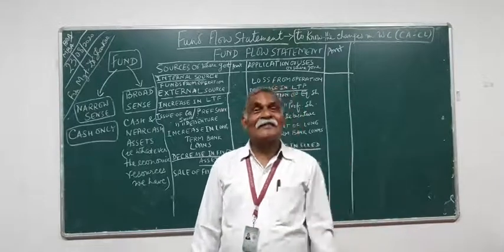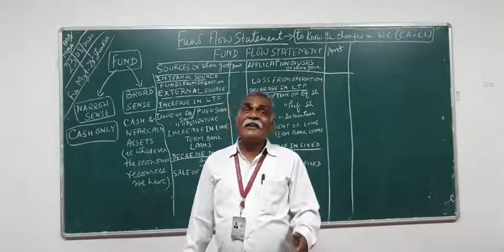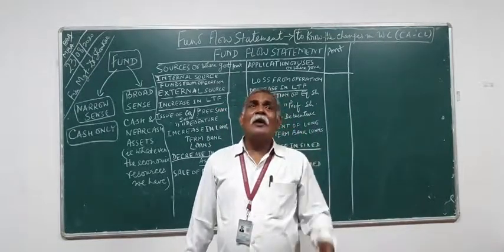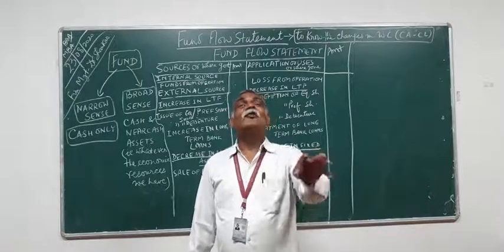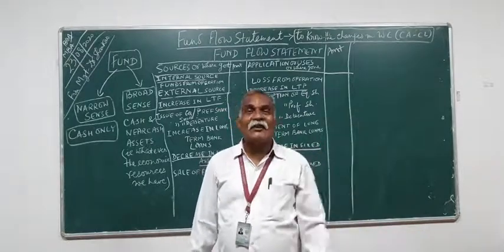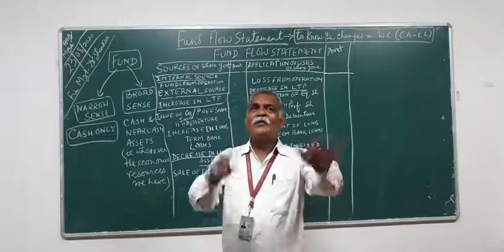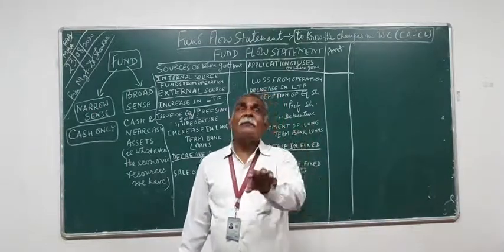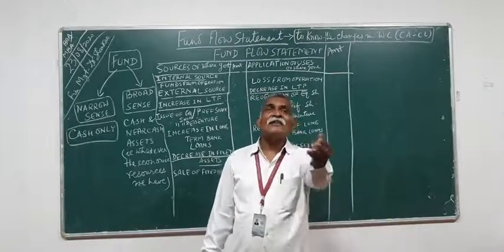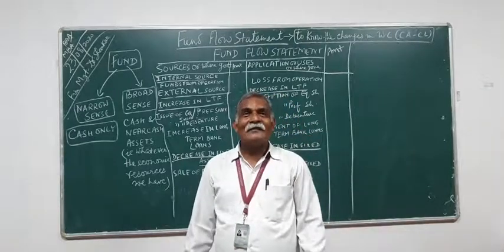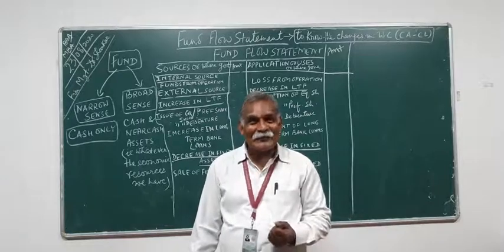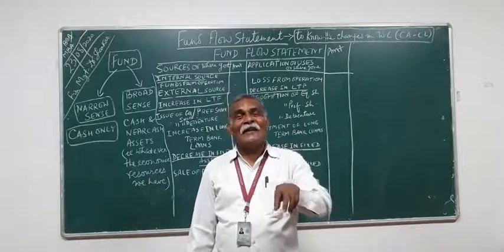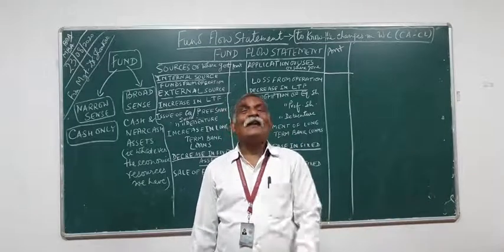Another example is fixed assets which are of no use, or maybe obsolete because of the change in technology, and you want to sell them. After a certain period of time you will get cash, so those fixed assets are also considered as fund.